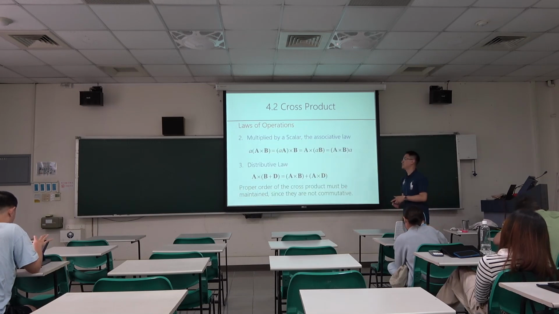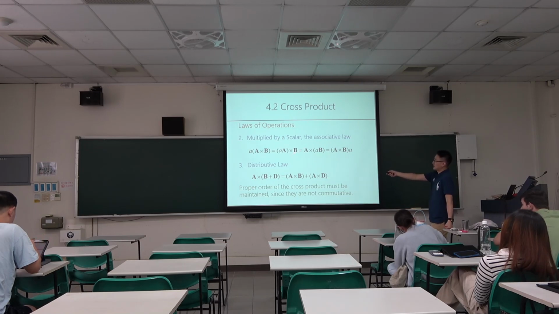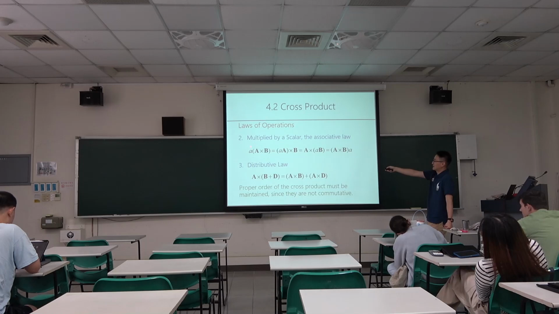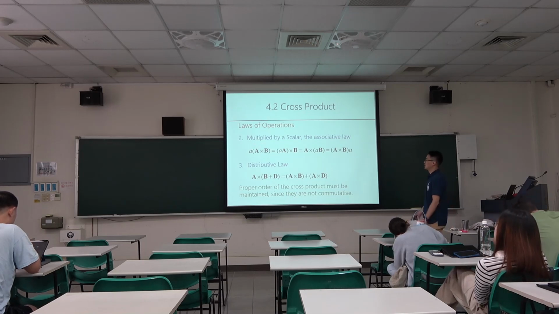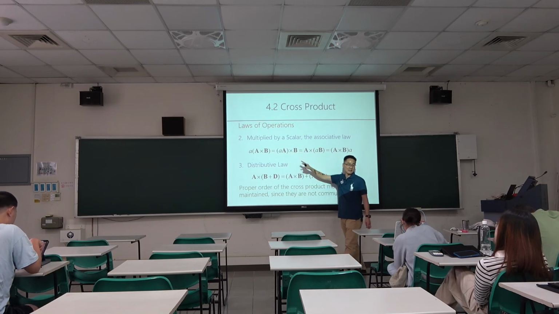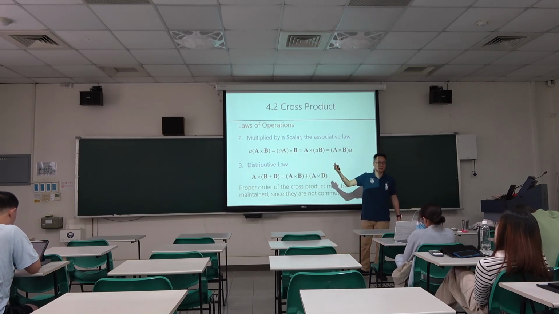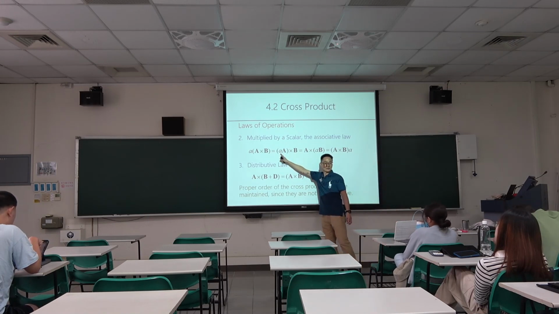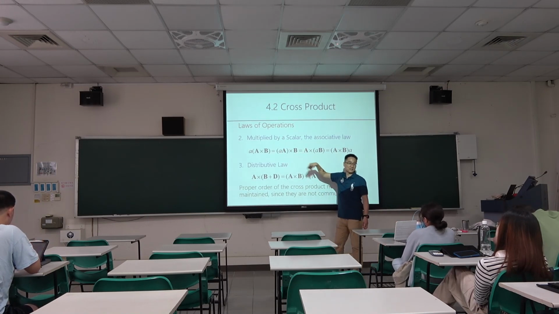Okay, then law of operation: if we have a certain magnitude outside the cross product, we can still distribute it. This A, we can move to any place, because A is only a scalar, only a value, nothing to do with calculation.